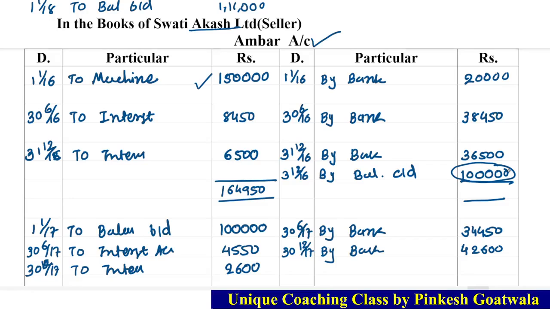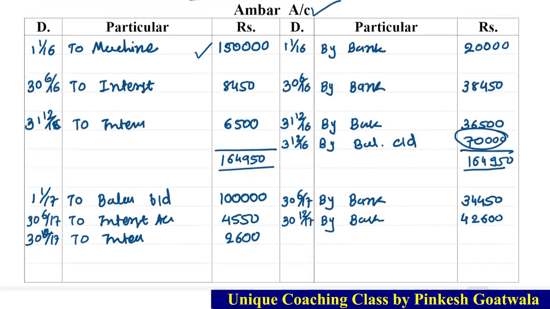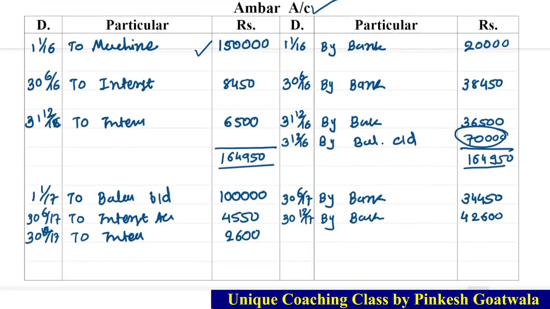Here also the balance will become a different amount. 164,950 minus 38450, 36500. So the balance comes 70,000, and it will be transferred to next year. Not the 1 lakh, the 70,000 will come.